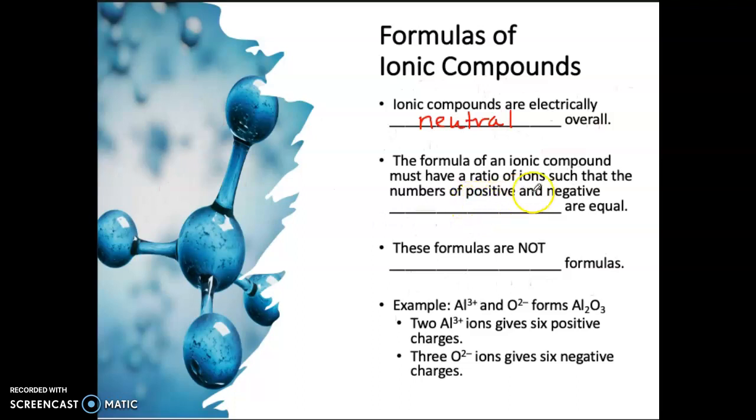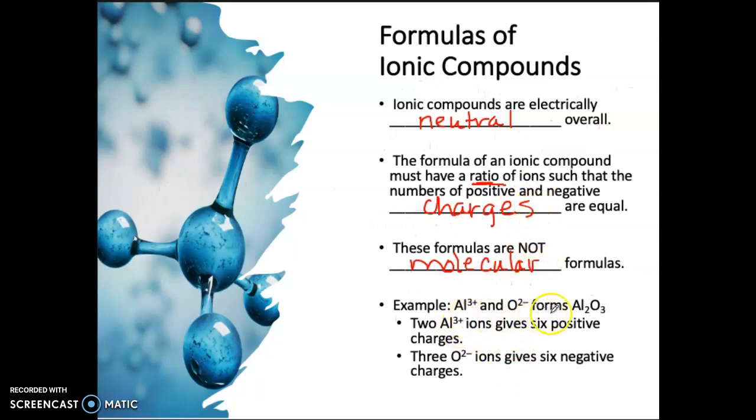The formula of an ionic compound has to have a ratio of ions, positives and negatives, so that their charges are all equal. The formulas are not molecules. They are not molecular formulas. It's like a bunch of negative and positive balls attracted to each other, and you're just trying to get the lowest common ratio when you write the formula.